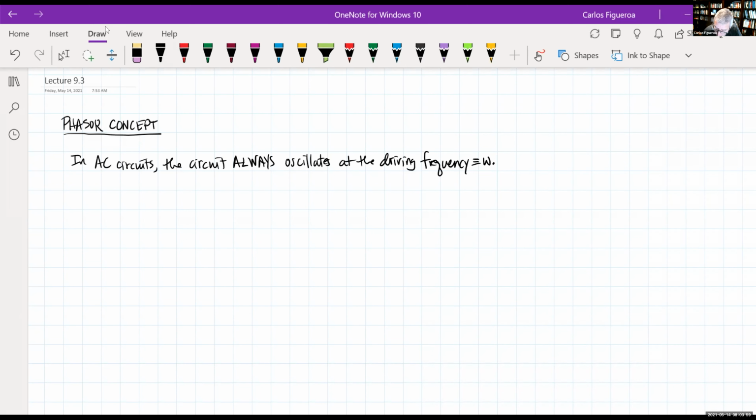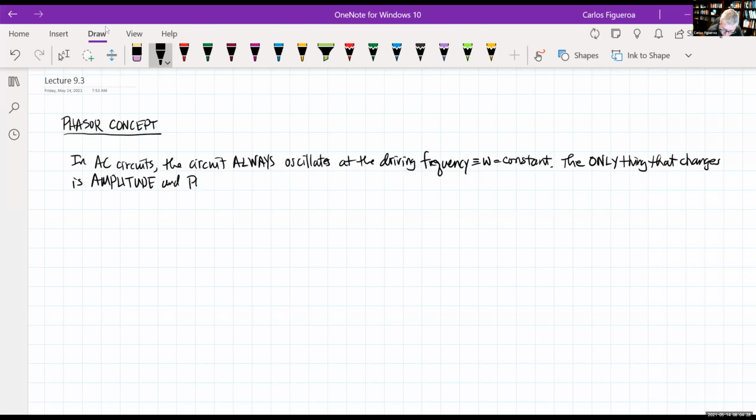But this driving frequency is really always a constant, and never changes. The only thing that changes is amplitude and phase.